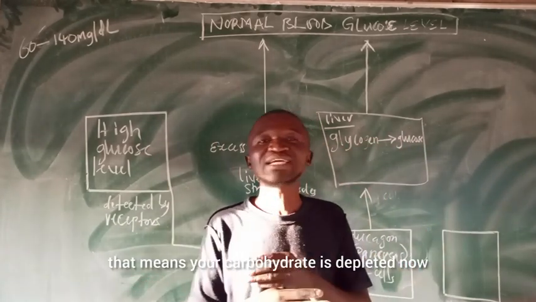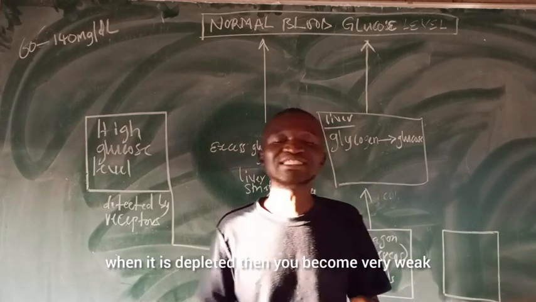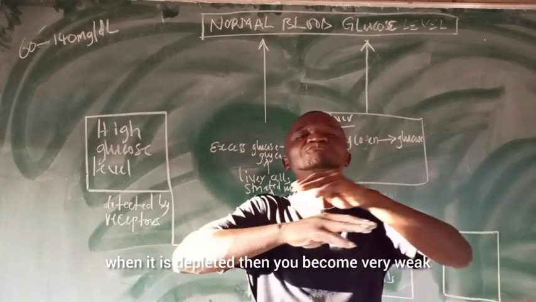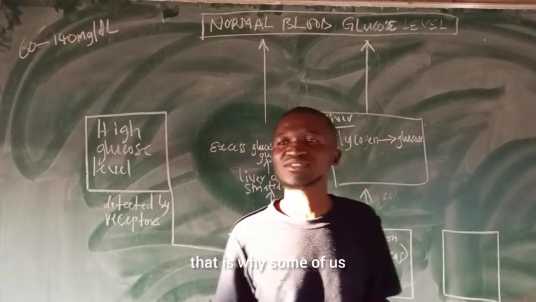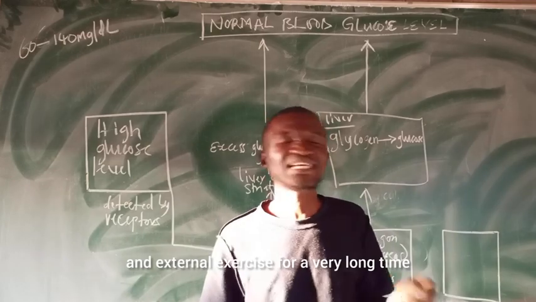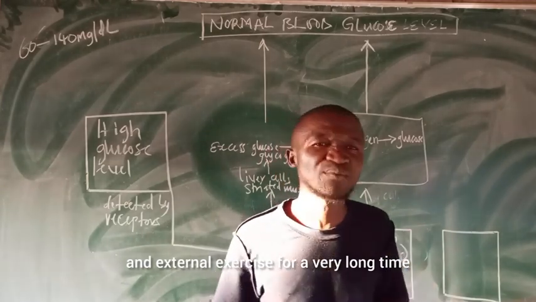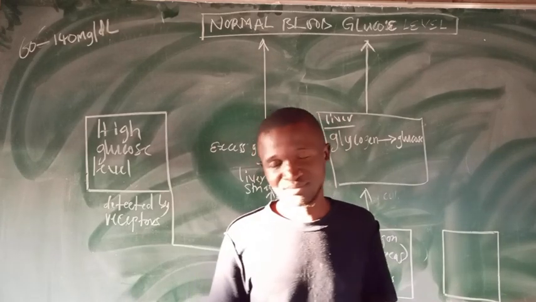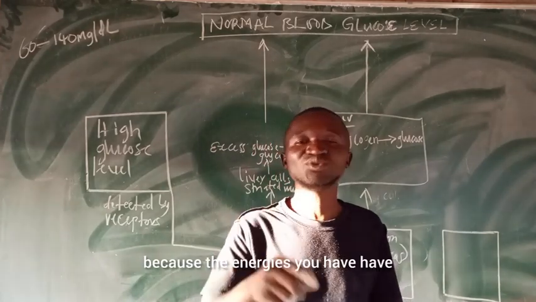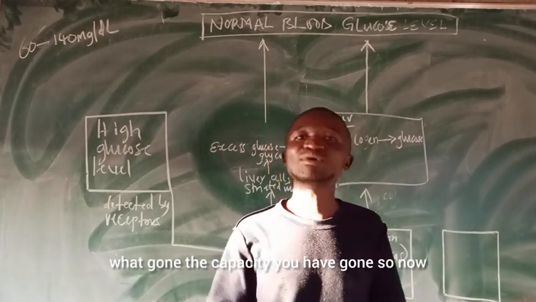That means your carbohydrate is depleted. Now, when it is depleted, then you become very weak. That is why, when you are undergoing strenuous exercise for a very long time, at times you fall, because the energy has gone.